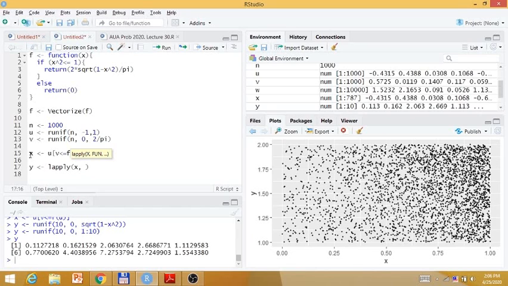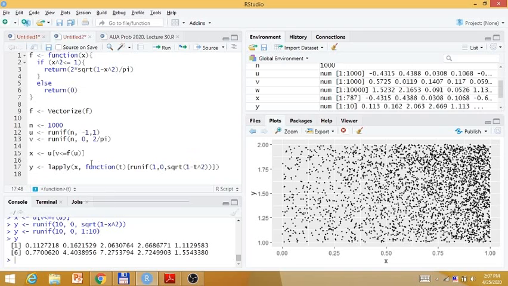I'm writing a function here, function of say t, and that function will work like this. Return runif, just 1 point from 0 to the square root of 1 minus t squared.